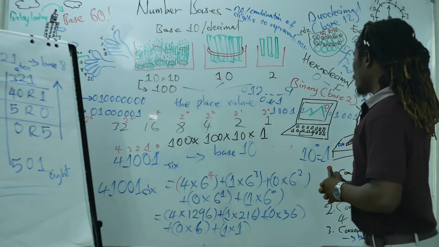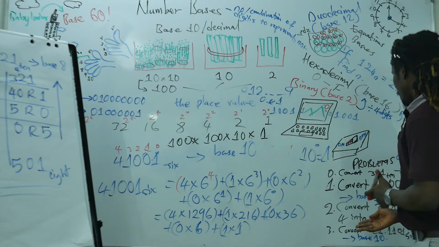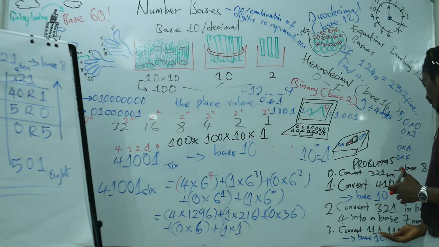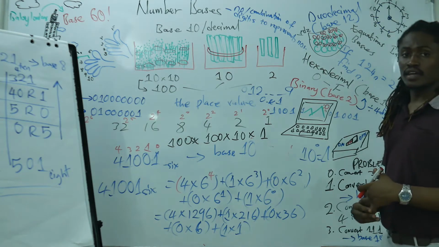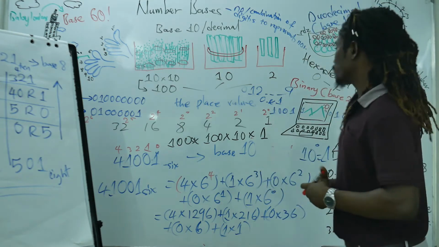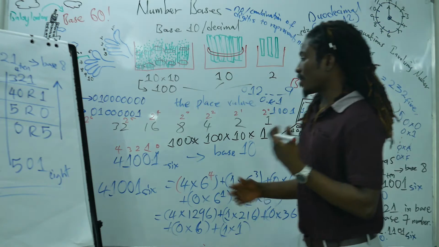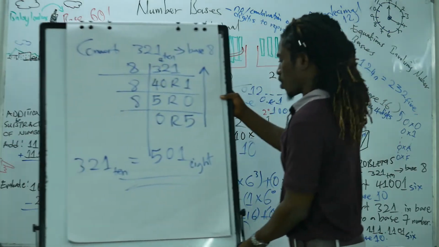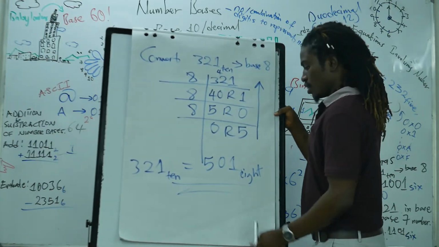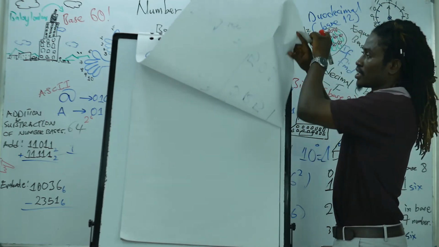Next thing we are going to learn is how to deal with converting numbers that have a decimal part, and also how to convert between bases. We have already learned the core concepts, so we're just going to be building on that.